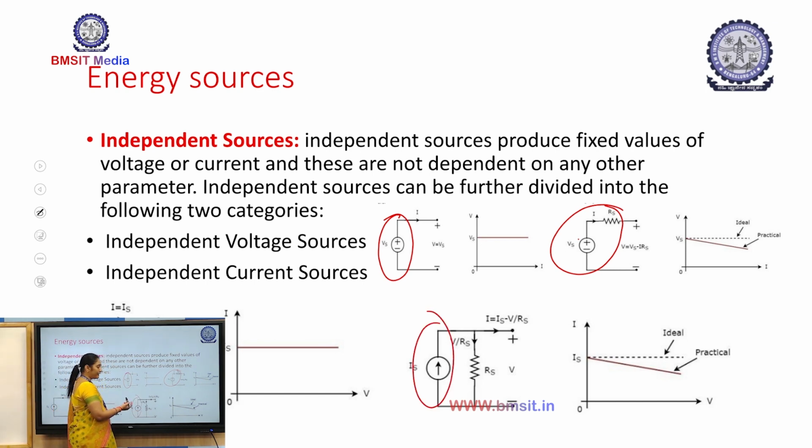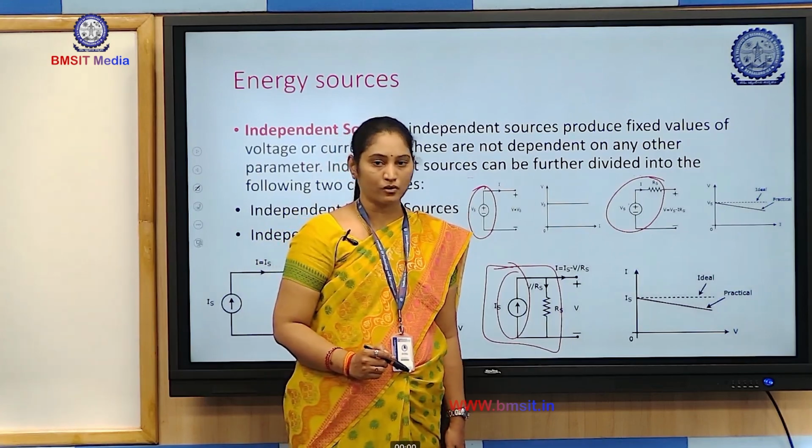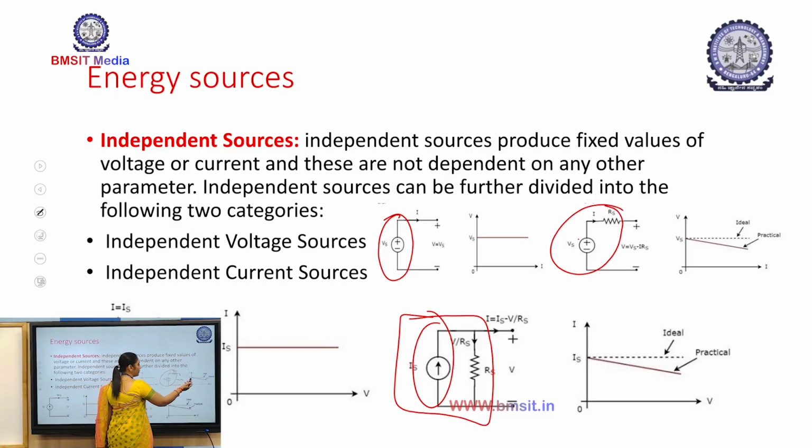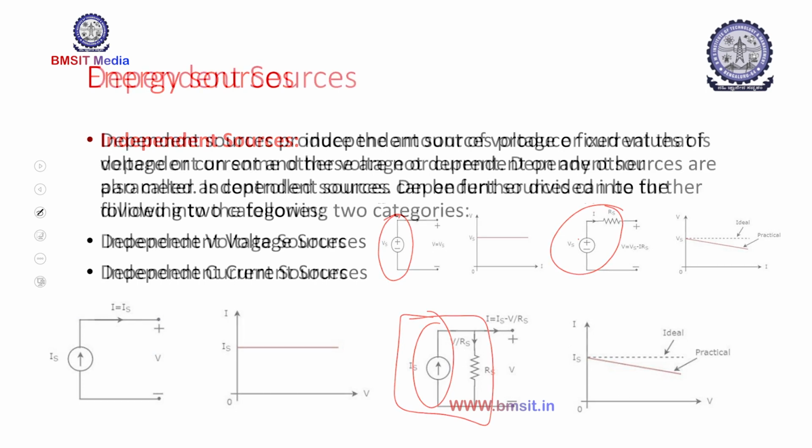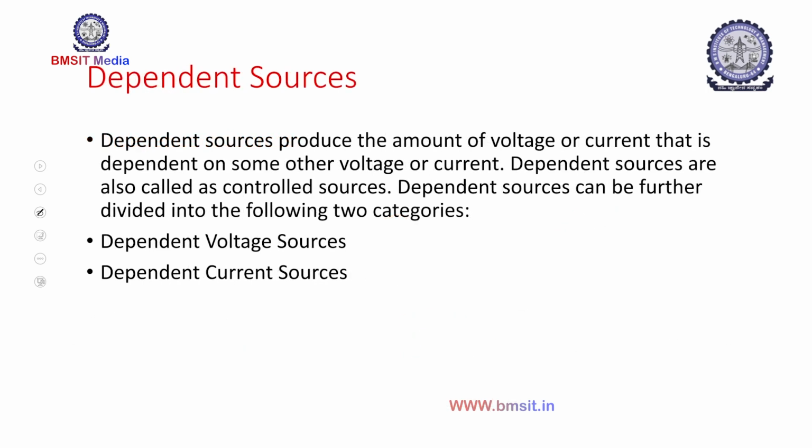If it is connected in parallel with a resistor, then this combination we call a practical current source. You can see the response of the voltage and the current for the practical sources. In the ideal source, irrespective of the elements present in the network, the value of Vs is fixed, whereas in the practical source, it depends on the elements connected and can vary with respect to the ideal source. Similarly for the current source.